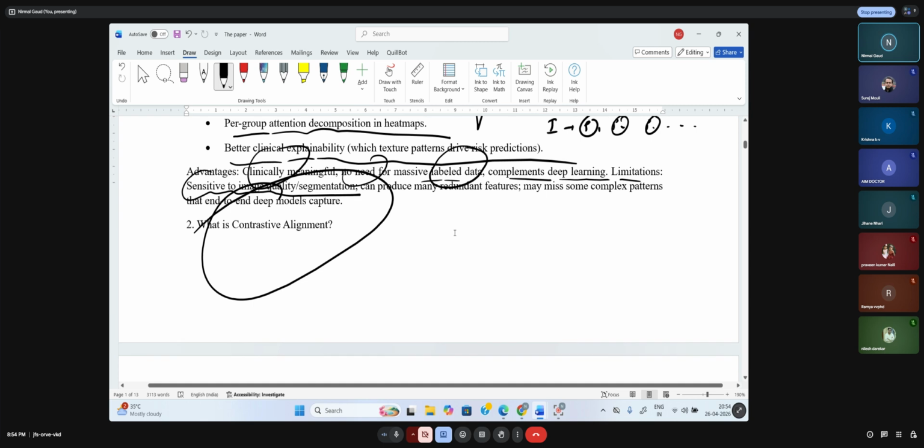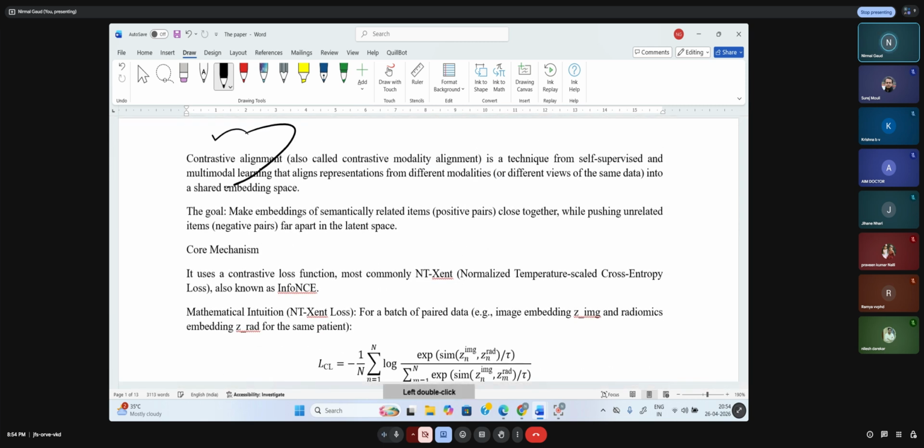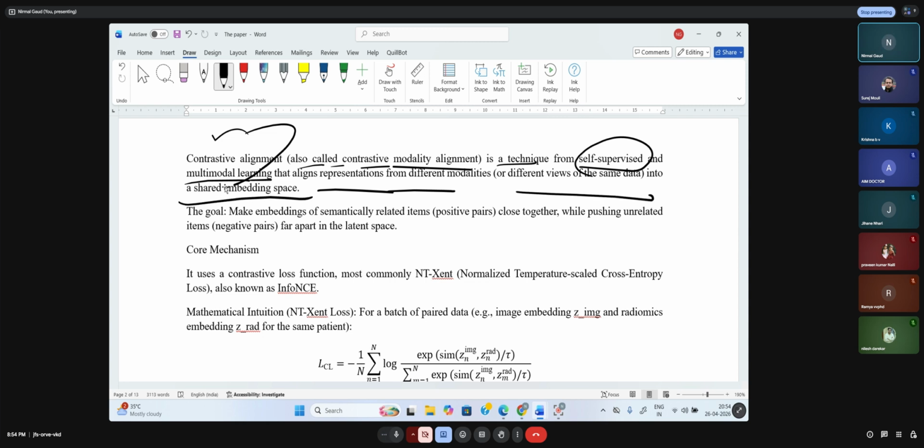Contrastive alignment. Contrastive alignment, also called contrastive modality alignment, is a technique from self-supervised learning, learning from self. We have seen it in previous sessions. Self-supervised and multimodal learning aligns representations of different modalities into a shared embedding space. I guess we did one research paper on this also, and currently we are in a competition to get it published.